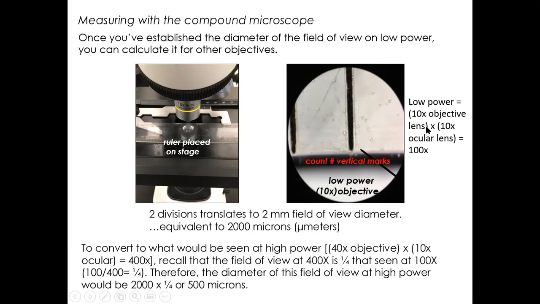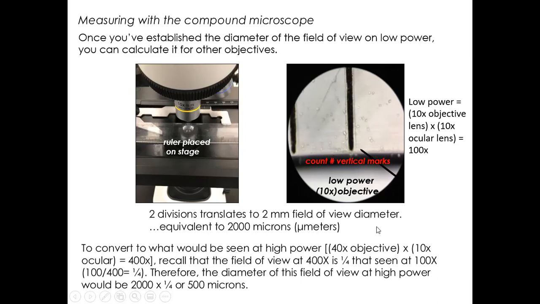All right, so if we see 2,000 micrometers across here for the 10x objective, for the 40x objective, we're seeing 1/4 of that, or 500 micrometers, right? 2,000 divided by 4 is 500, so 500 micrometers.